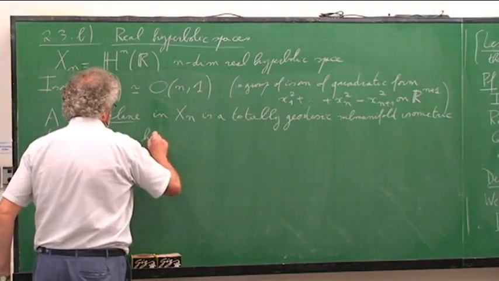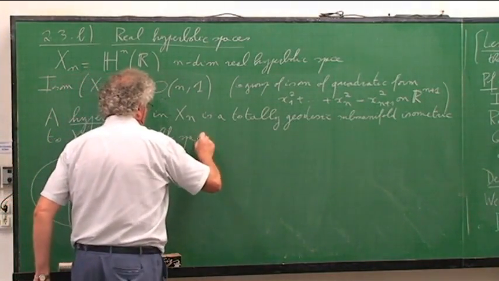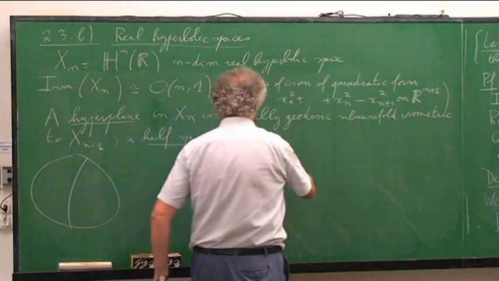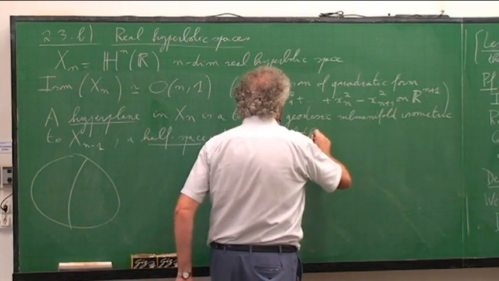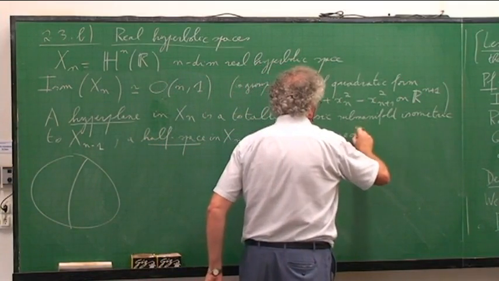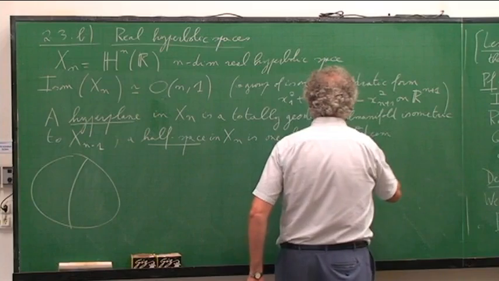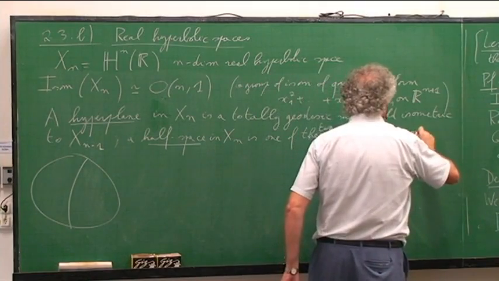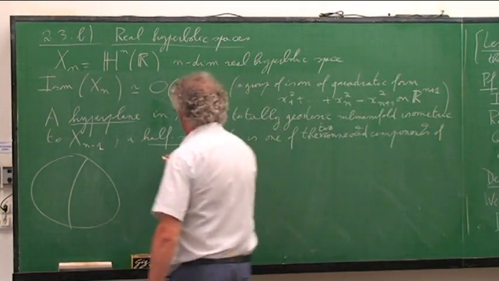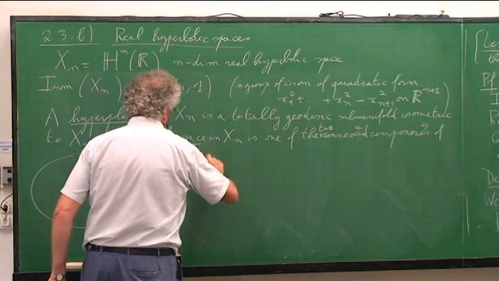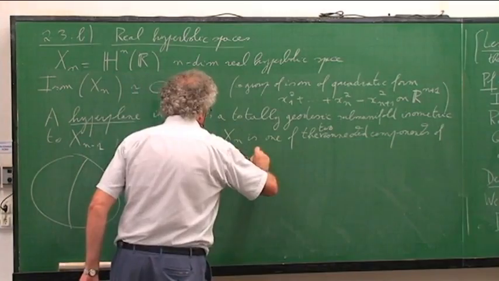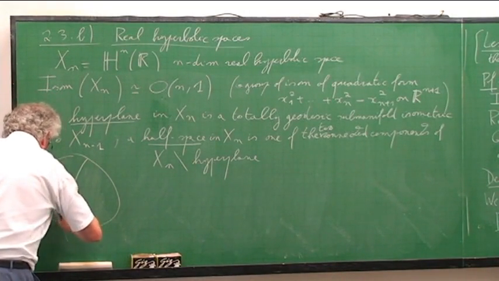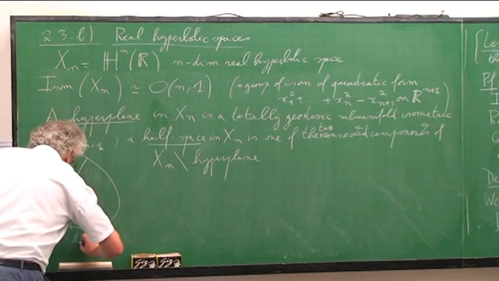So a half space in X_n is one of the two connected components of X_n minus a hyperplane. So here I have two half spaces.